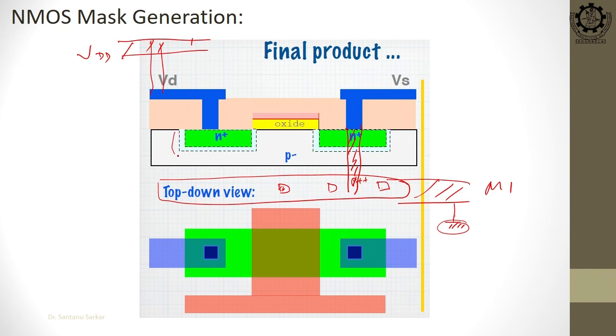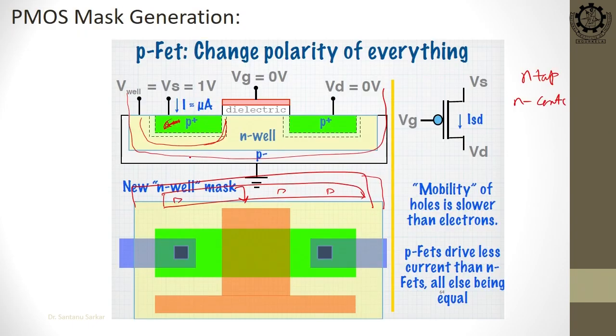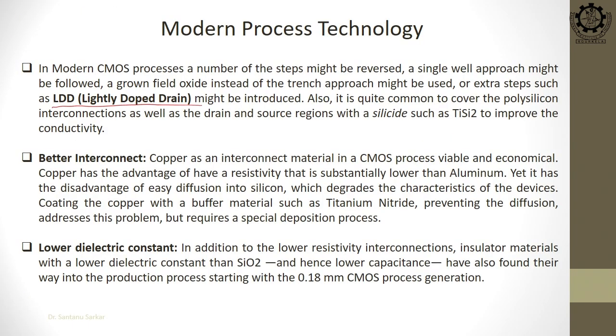If this is N plus plus, you will have N or N plus, so the density will be a little less. This kind of structure can help in opposing certain short channel effects; when we discuss short channel effects, we will discuss these techniques.